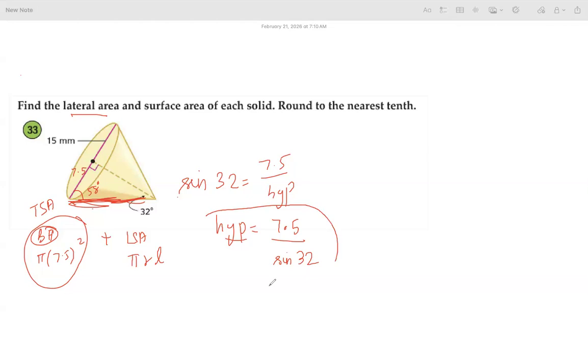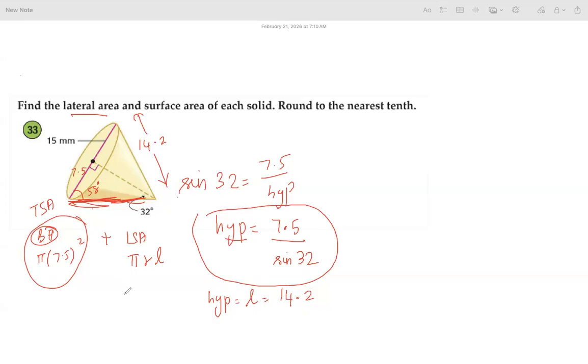Please tell me what is 7.5 by sine 32 after putting it in degree mode. What is the hypotenuse? Is it 14.2 or 13.6? Johan, is that right? Is the slant height 14.2? Okay, now you got the slant height, right?